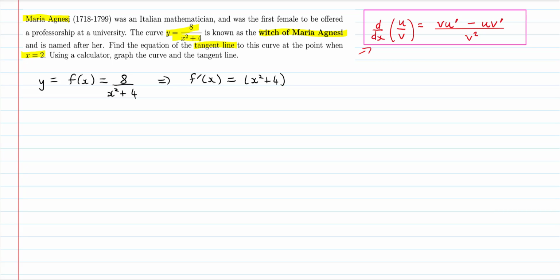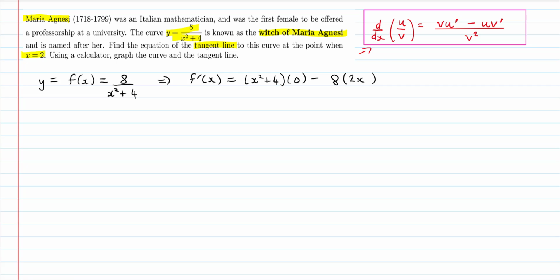Our numerator is 8, so the derivative of any constant is just 0. Then we minus u, which was 8, times the derivative of v, and v is x squared plus 4. Using the power rule, x squared becomes 2x, and the 4, which is just a constant term, becomes 0, so we just get 2x.